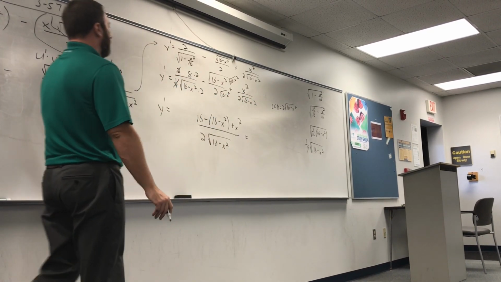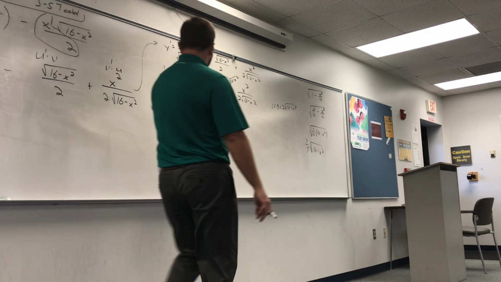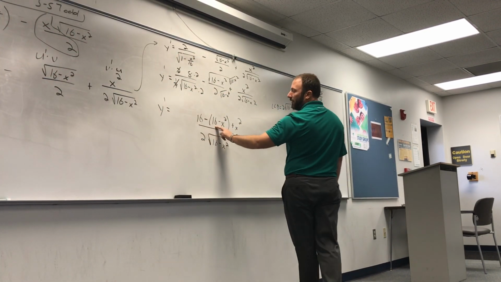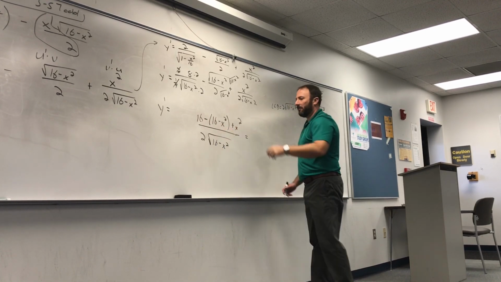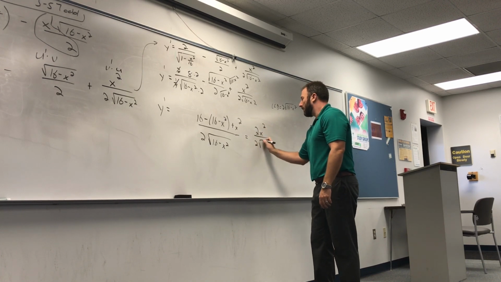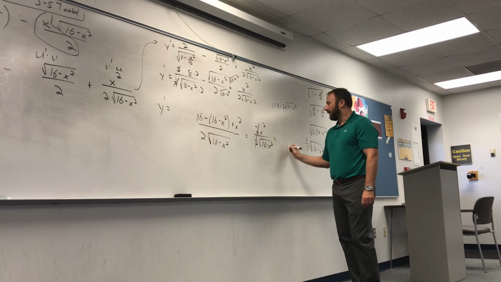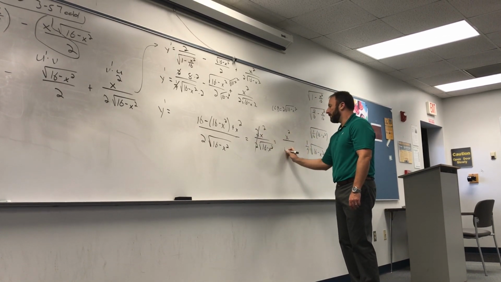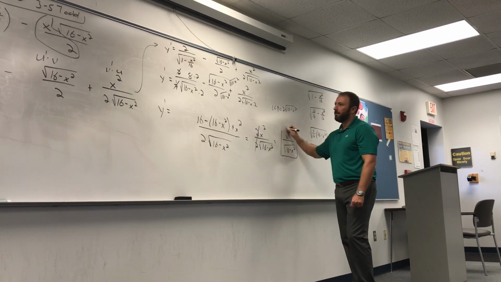So guys, if we combine terms up top, what are we going to get? 2x squared. Yeah, 16 minus 16 would cancel. Minus a negative x squared is x squared, and x squared plus x squared is 2x squared. 2's would cancel. Our final answer would be x squared over the square root of 16 minus x squared.